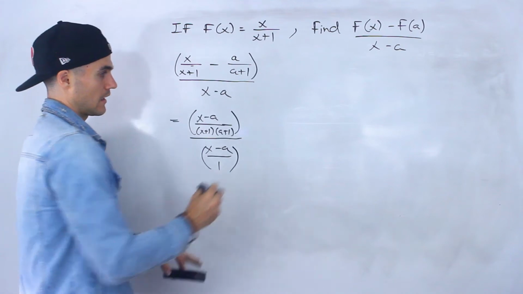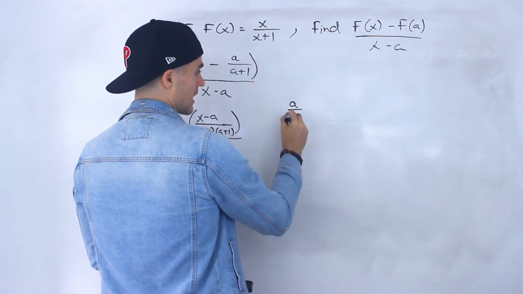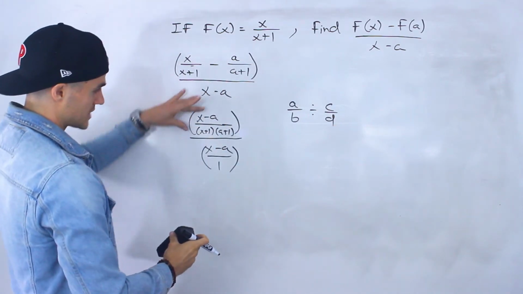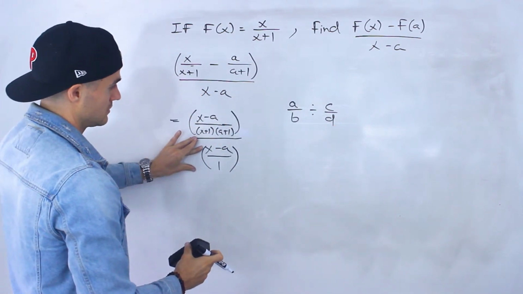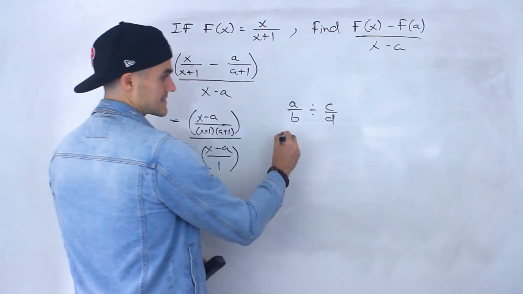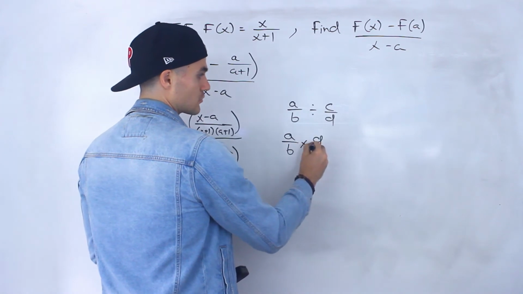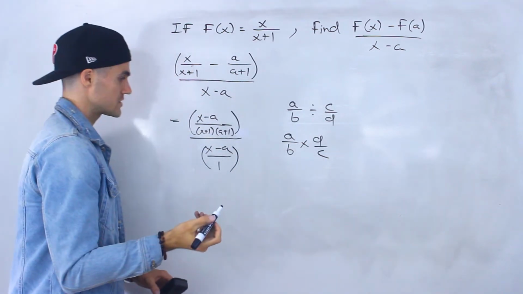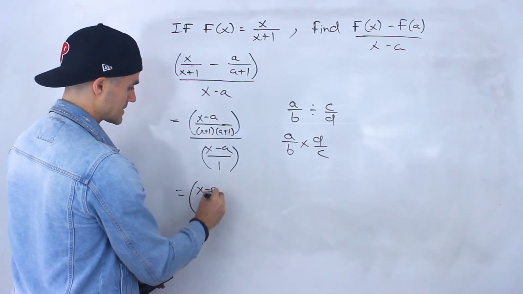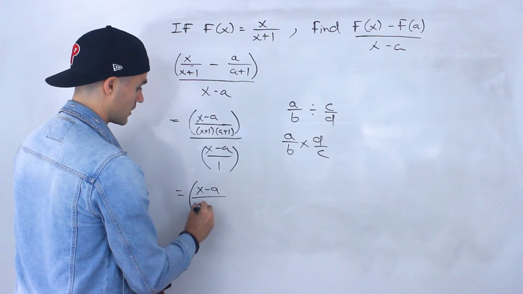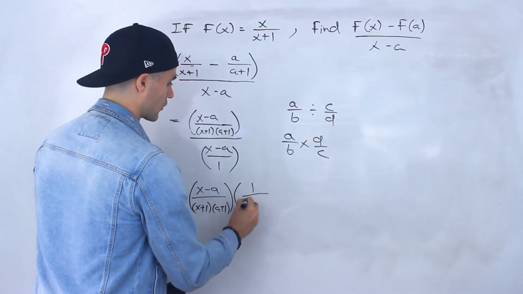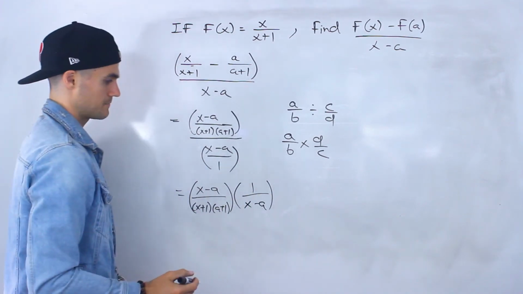If you take a fraction, let's say a over b, and divide it by c over d, which is what we're doing here, that's the same as a over b times the reciprocal of that second fraction, d over c. So we can rewrite this as x minus a over x plus 1 times a plus 1, multiplied by 1 over x minus a.